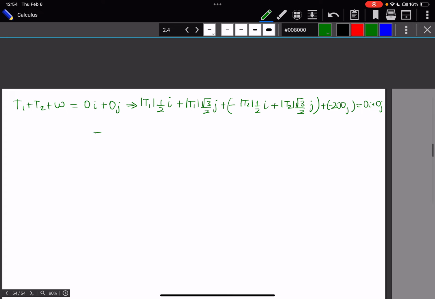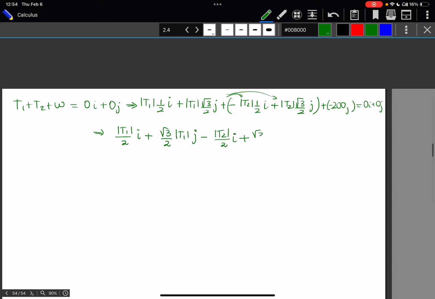So we're saying that T1 times 1/2, we can write that as in magnitude, so magnitude of T1 over 2 times I. And let's rewrite this term as square root of 3/2 magnitude of T1 times J. And then minus magnitude of T2 over 2I, and plus, just removing those parentheses right there.